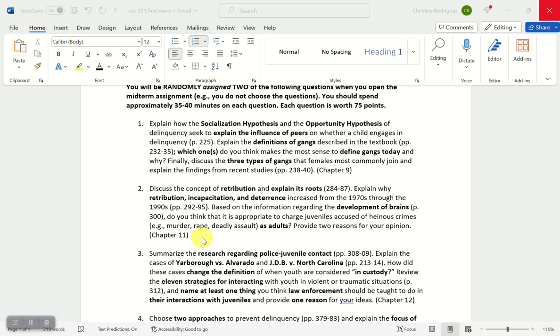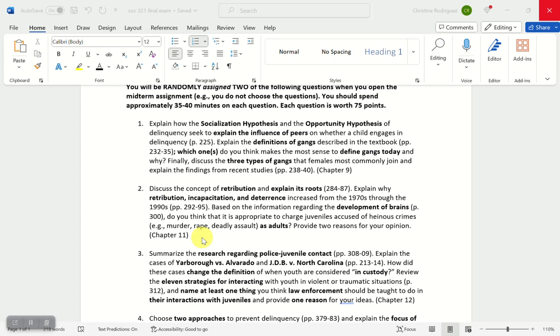because as you'll remember in this chapter, there was a period in the 1960s when juveniles, because of some very high-profile Supreme Court cases, were afforded many of the same rights as adults.